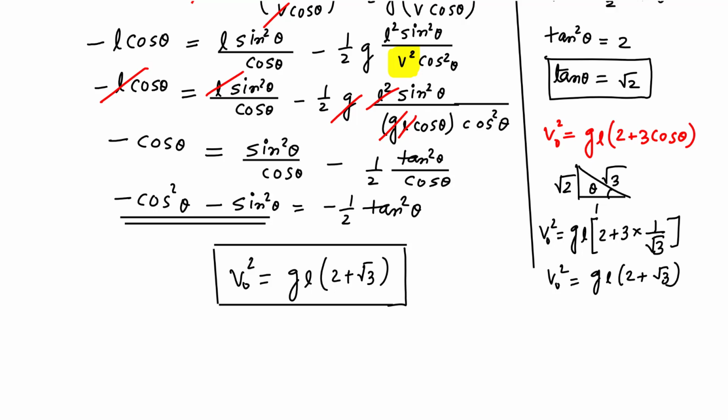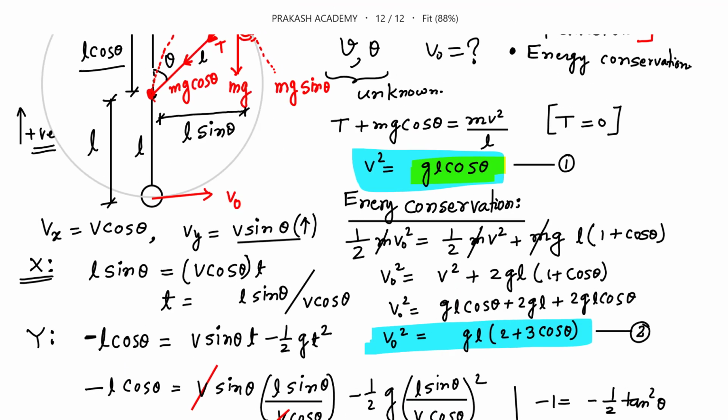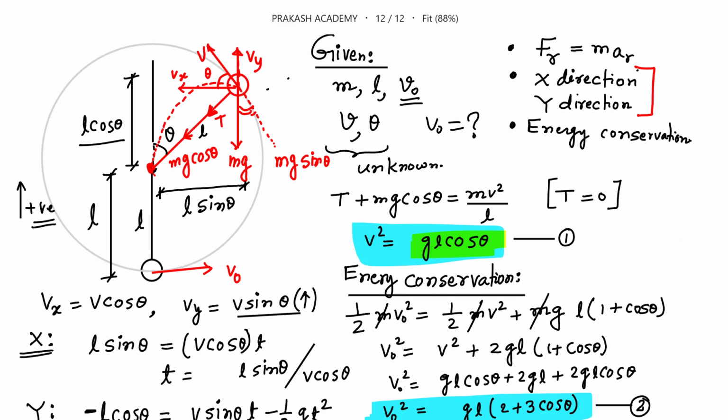Now a question for you. In this case, what we have done is, during the parabolic motion, we have considered velocity in y direction and x direction, and we have applied equations of motion in x direction and y direction. You can also apply equations of motion along the inclined plane. So you can take the component of velocity, one along the inclined plane and one along the perpendicular direction.